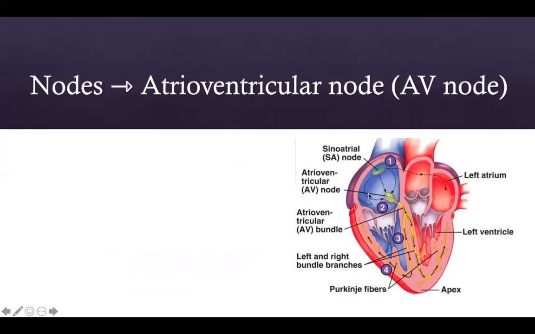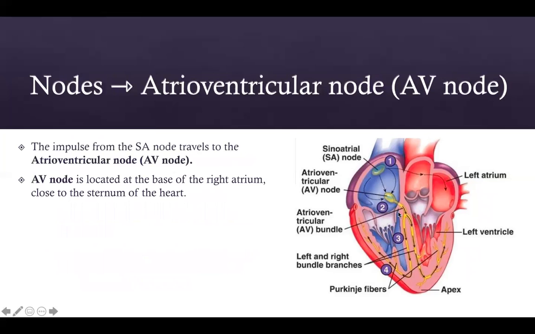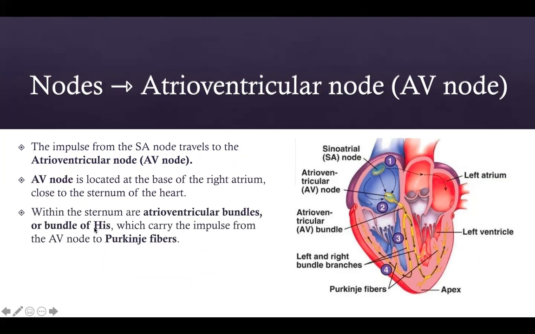Down here we have our atrioventricular node, or AV node, and the impulse sent by the SA node travels down to it. It's located at the base of the right atrium, close to the sternum of the heart, the area that separates the left and the right side of the heart. Within the sternum, our atrioventricular bundles, also called the bundle of His, carry that impulse that started at the SA node down to the bottom of your ventricle muscles, to the Purkinje fibers.